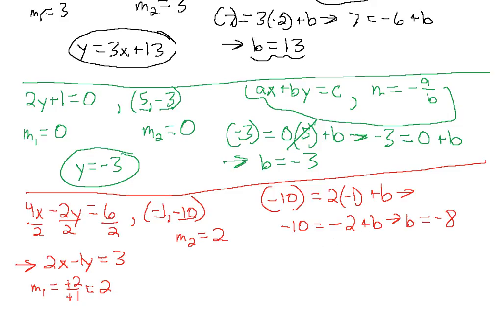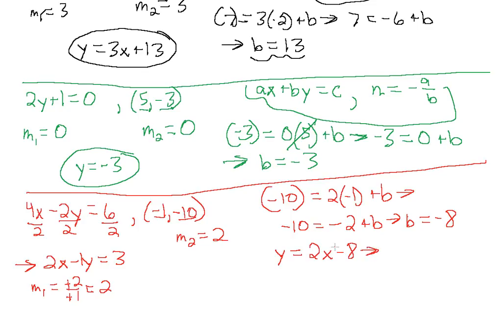And since our first equation was given in standard form, let's write this answer in slope-intercept form first, and then we can convert it to standard form. So we have the general equation y equals mx plus b, m is 2, so 2x plus b. b is minus 8, so we have minus 8. And let's convert it into standard form.